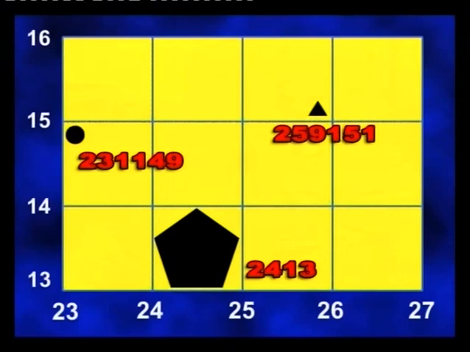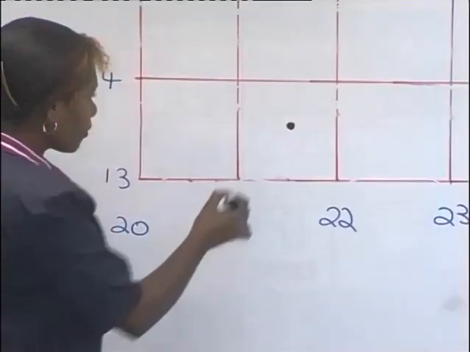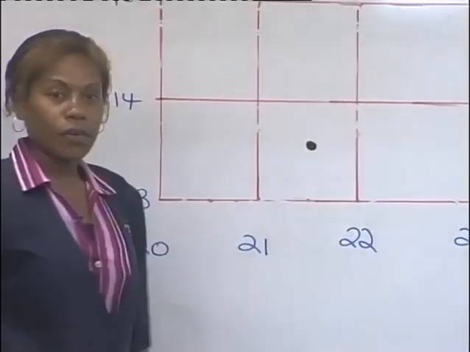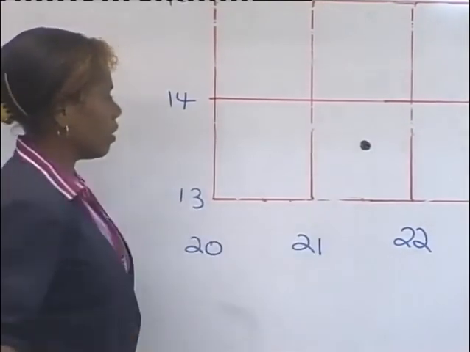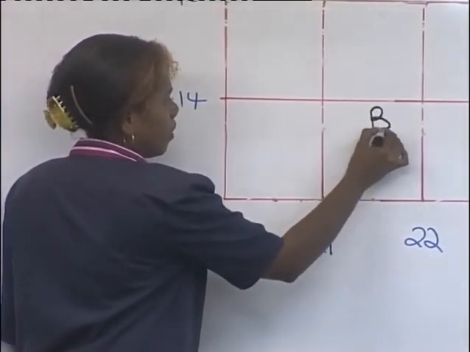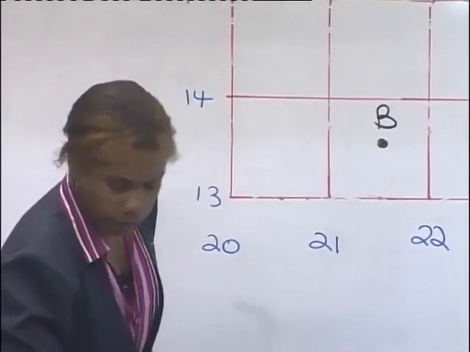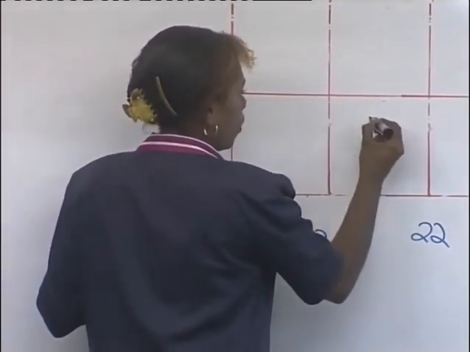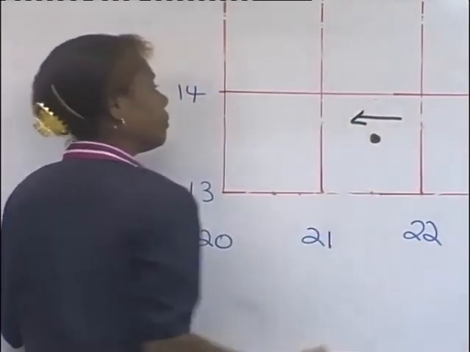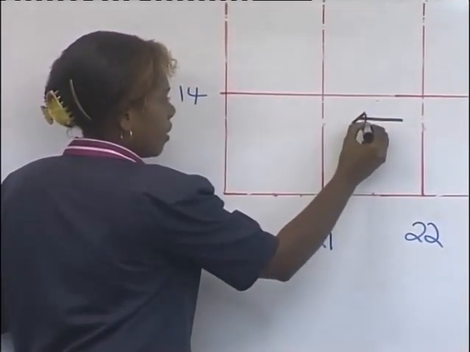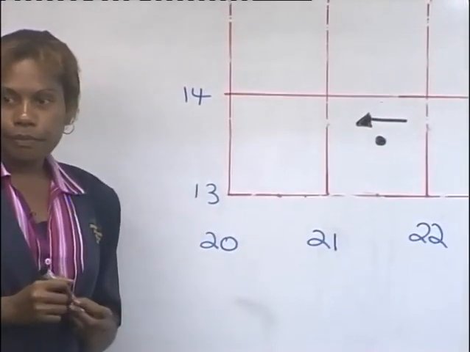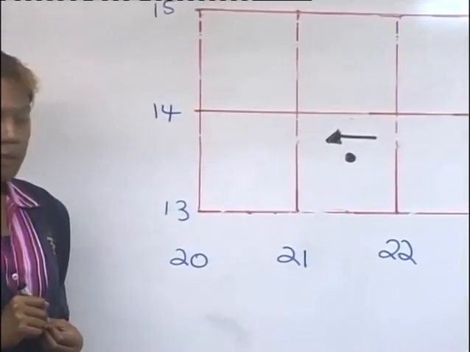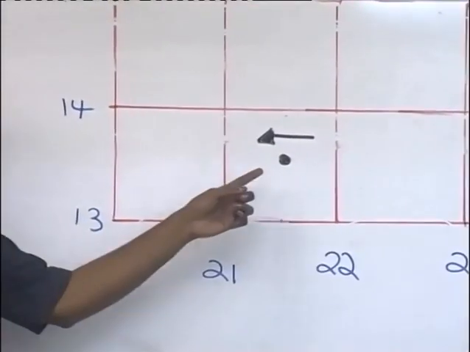All right, Paulus, I said you're going to give us a 6-figure reference for this. Okay, we'll put an arrow. All right.